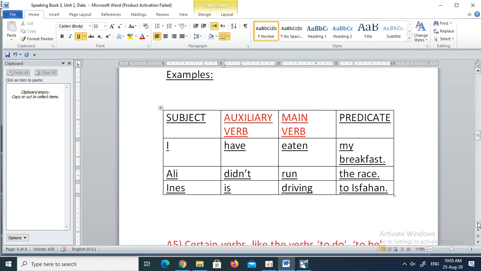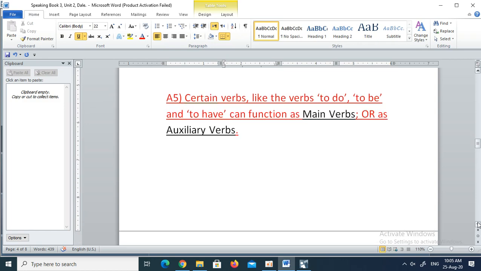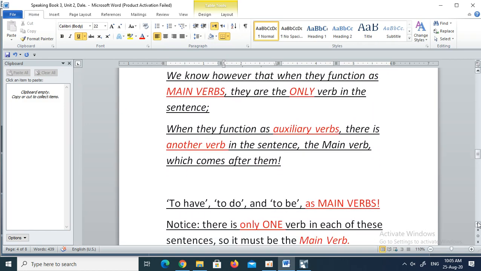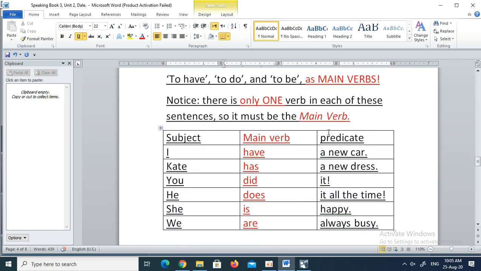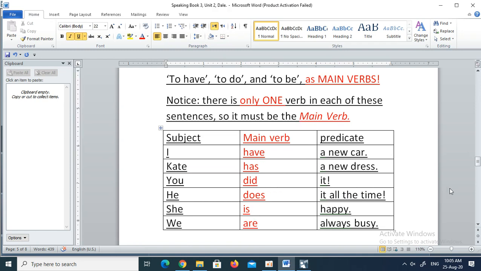When there is only one verb, have, did, is, then it has to be the main verb. Okay, so please understand, to have, to do, and to be can be a main verb. It can also be used as an auxiliary verb, but it depends how it is used.